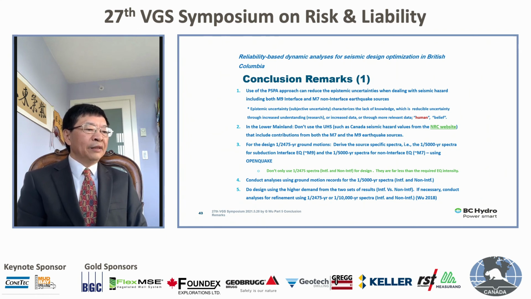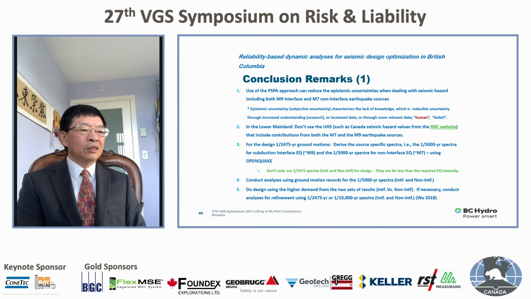In the Lower Mainland, I would suggest not to use the UHS directly from the GSC model. Instead, for the design of 1 in 2475-year ground motions, I recommend you use the source-specific spectra for 1 in 5,000 years for both the interface M9 earthquake and the non-interface M7 earthquake.